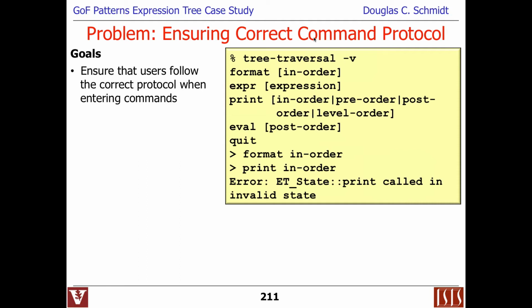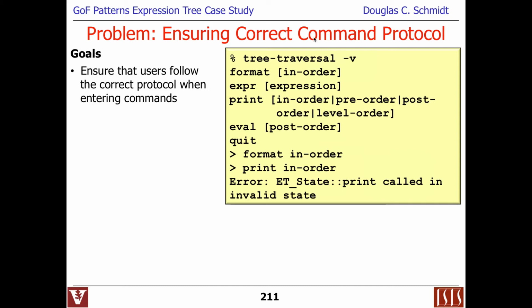First of all, let's make sure we know what we're actually talking about here. What we want to be able to do is make sure that we don't try to run the commands in the wrong order. I'm giving this as an example in the context of our expression tree application, but the general point is more obvious. There's lots of things where you have to do things in the right order. So in our particular case, after you type in the format that you want, like in-order format, you have to give the expression before you try to print the expression.